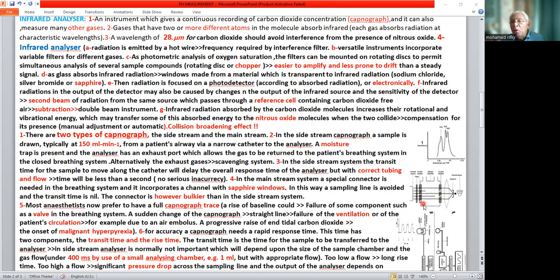Sometimes, because the source of light is changeable and the detector may not be steady, we had better have what we call a reference cell, or a second beam instrument, so that the rays will come out from this chamber by a mirror and be split into two parts.